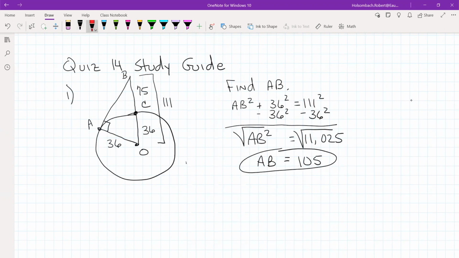Try to remember to add these two together, the 75 and the 36, or whatever the numbers they are. And again, where the tangent intersects the radius forms the 90-degree angle. And the two segments that form the 90-degree angle are the legs.